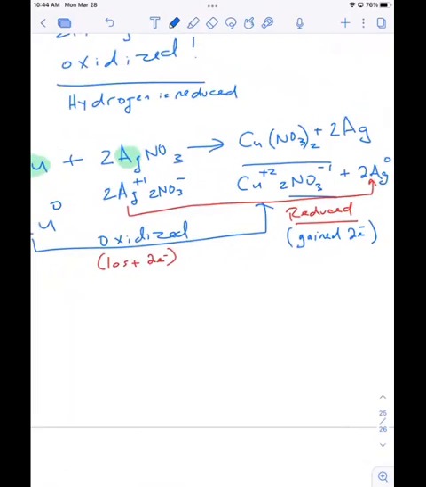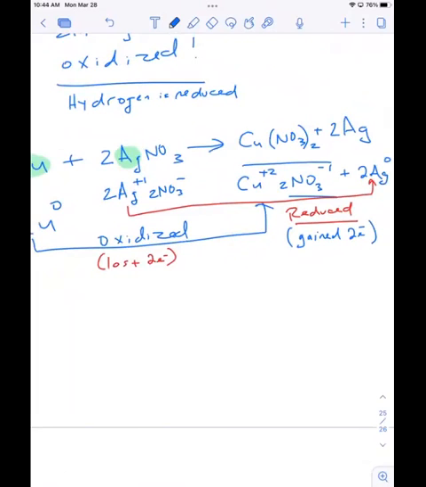Are y'all following that? Is that making sense or no? Because all these little things that we're talking about now, you're going to see them again when we're balancing these redox equations, which we'll do on Wednesday, more than likely. All right, no questions.